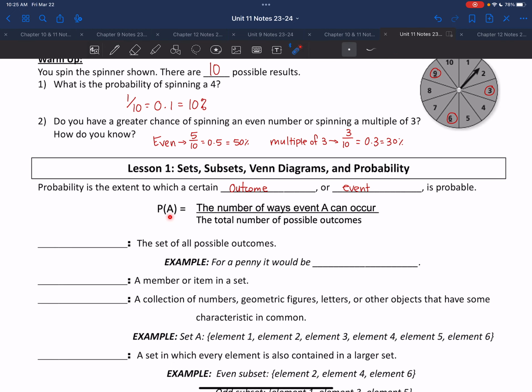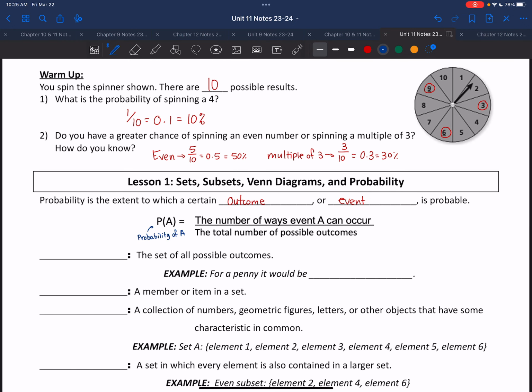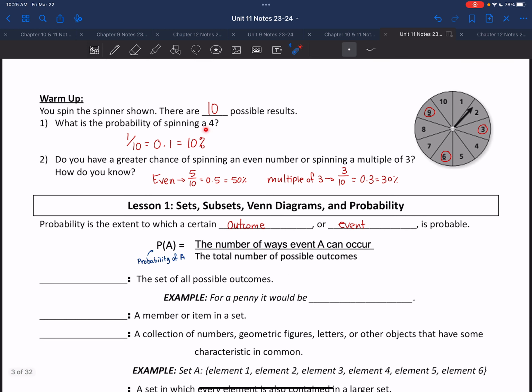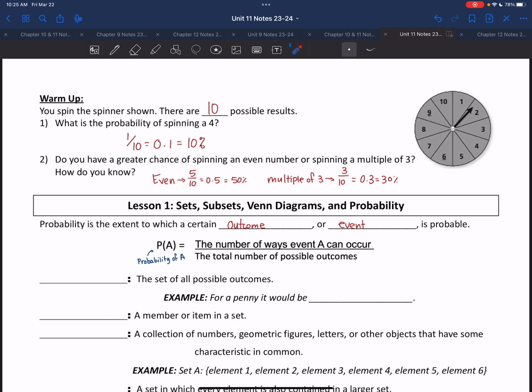It says P, and then inside parentheses is A. So let's say we have an event called A. P of A just means the probability of event A. That's equal to the number of ways event A can occur divided by the total number of possible outcomes. So like in our warm-up, we said there is a 1 out of 10 chance that you land on a 4, or there is a 5 out of 10 chance that you're going to spin an even number.